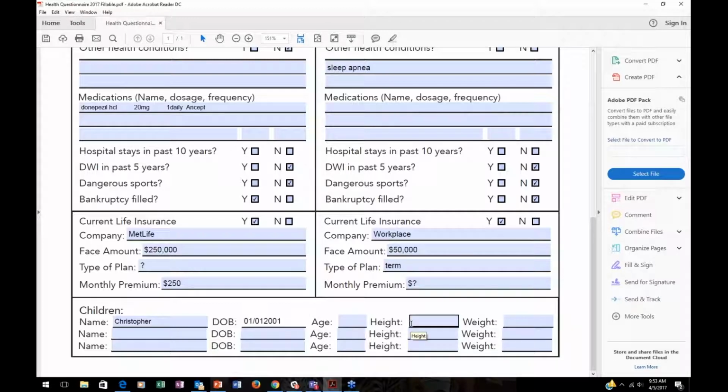Height and weight are important if we're going to write individual policies on the children. We'll discover more of that when we actually get into our presentation, when we're doing our face-to-face with the client. So I might not get into that right now. I just want to know that we've got in the household a 16-year-old child.